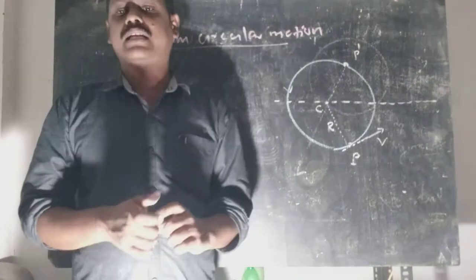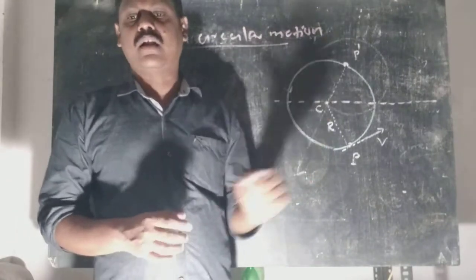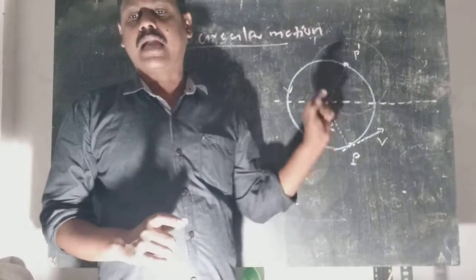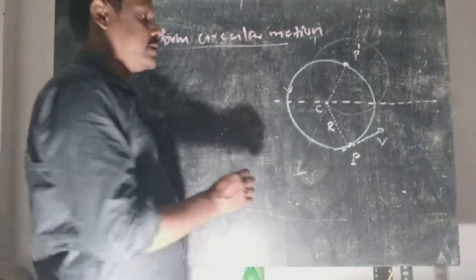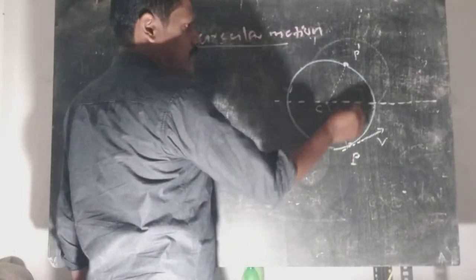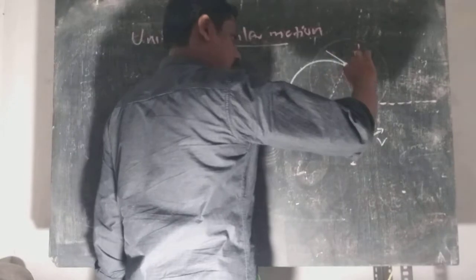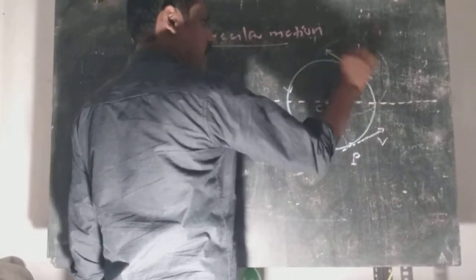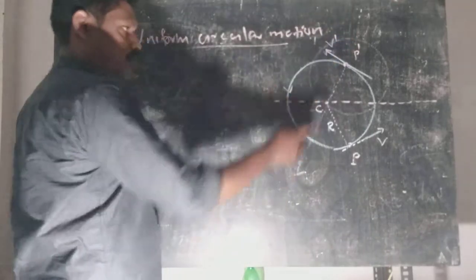So the velocity at any point in circular motion is along the tangent at that point, in the direction of motion. At a later time the body reaches P dash, and there the velocity is again a tangent to P dash in the direction of motion of the body.